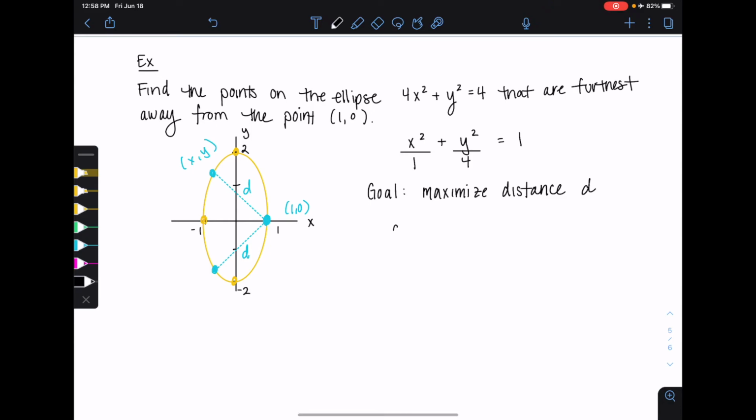And using our distance formula, the distance is the square root of the difference in x's squared plus the difference in y values squared. So I look at the difference in x and 1, y and 0, where (x, y) is on the ellipse.